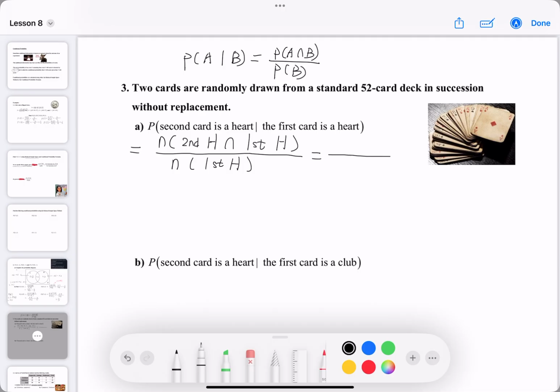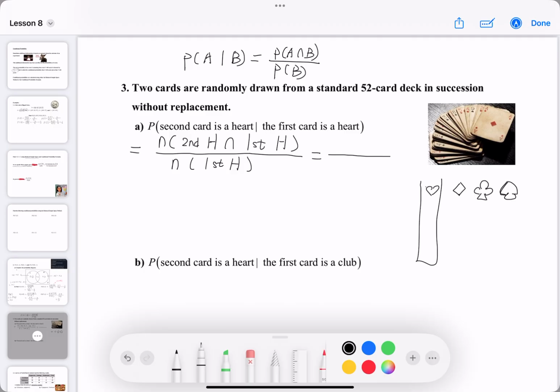How many hearts do we have? We have 13 hearts. This is heart, this is a diamond, this is a club, and this is a spade.